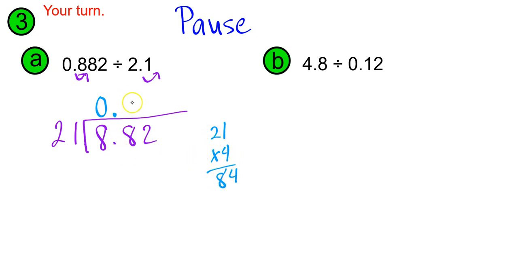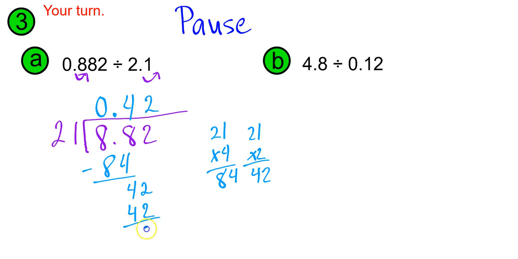When we subtract, we get 4. Drop down the 2. And I know 21 times 2 is exactly 42. So it goes in 2 times. So my answer to this is 42 hundredths, 0.42.